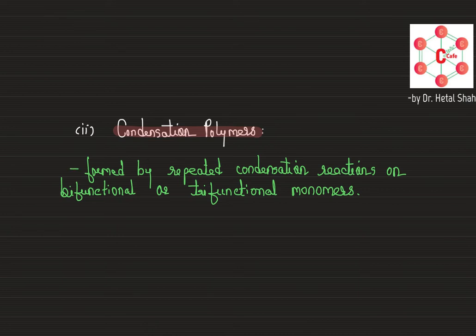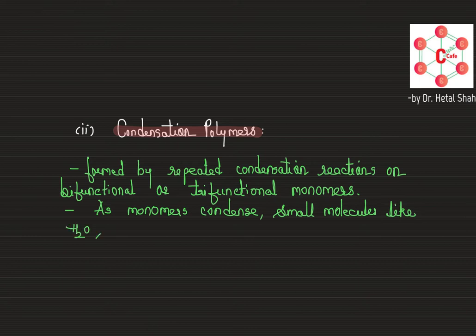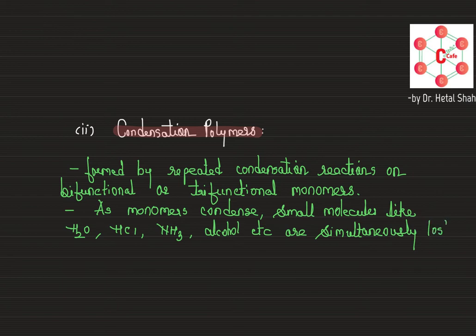Basically, monomers undergo condensation reaction, right? And here you may even say that as monomers combine to form polymers, as monomers condense, small molecules like water, HCl, ammonia, an alcohol molecule, etc. are simultaneously lost, right?